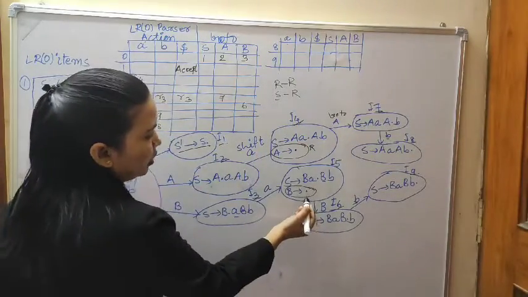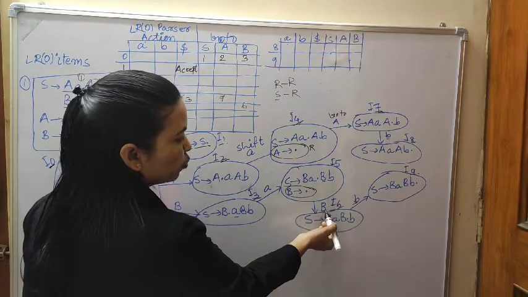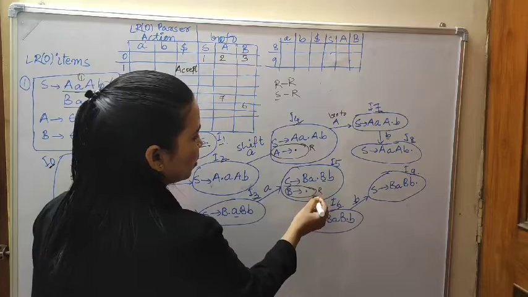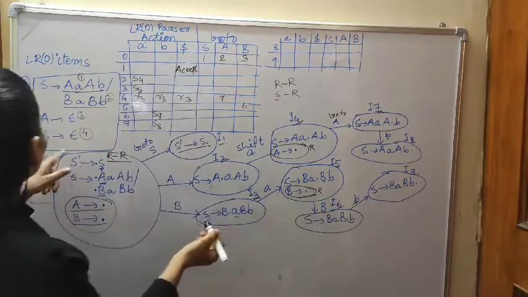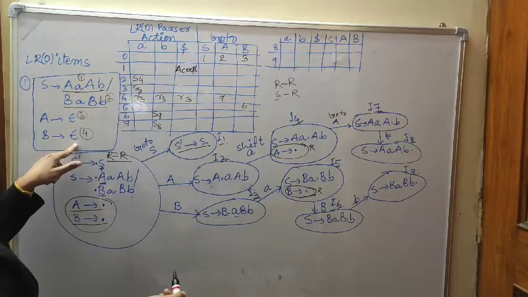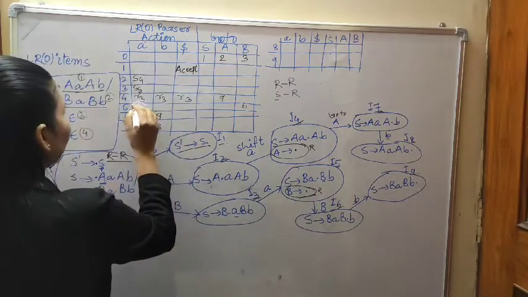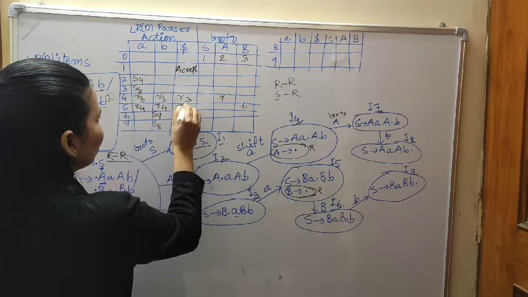Now we will check it here. Here is also B dot and it is also go to part. It is not shifting, so here is also no problem. So this is also final item, and where? I5. But B to epsilon dot, what is the production rule? It is the fourth production rule and state number is 5. Here also we will write reduce 4, reduce 4, reduce 4. Only for the numbering we are giving.